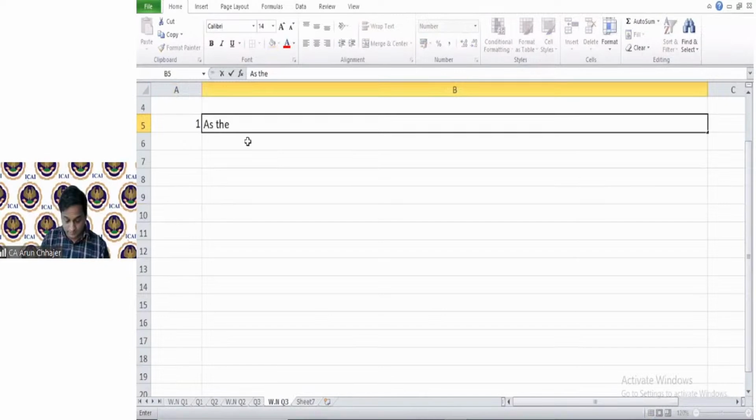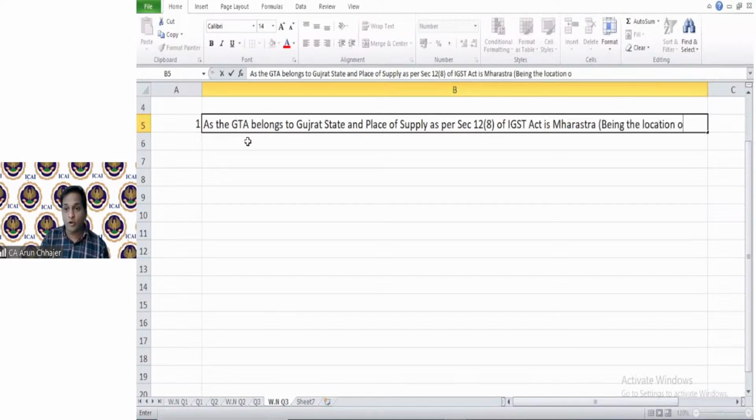As the GTA belongs to Gujarat state and place of supply as per section 12 subsection 8 of IGST Act is Maharashtra, being the location of registered recipient.